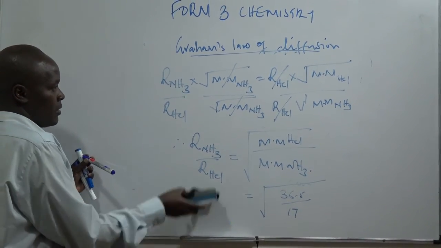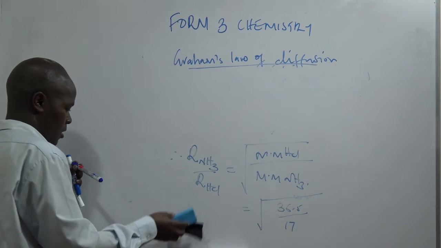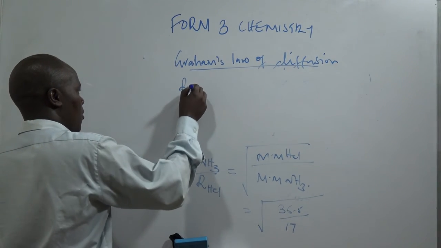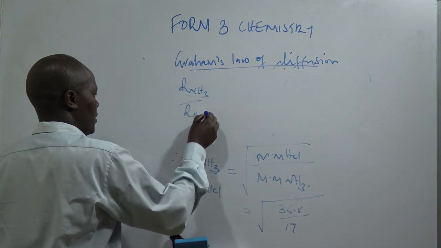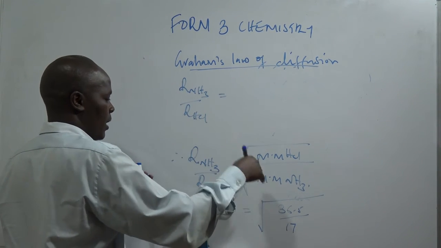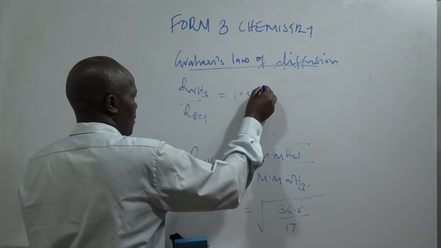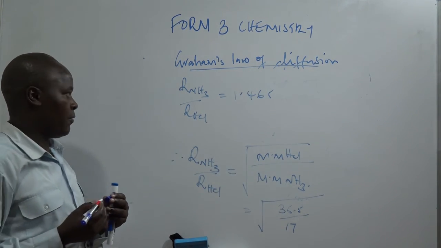If we work this out, the rate of diffusion of ammonia gas over the rate of diffusion of HCl is equal to the square root of this value, which is 1.465.